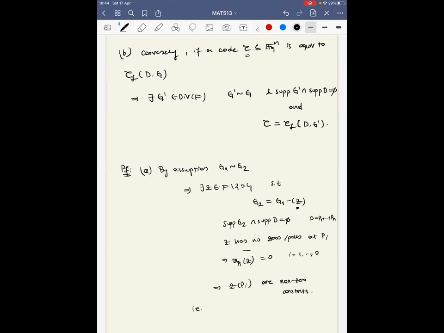And indeed, if we consider the vector whose coordinates are the Z(P_i)'s, we get a vector in F_q star to the n, so each coordinate is non-zero.